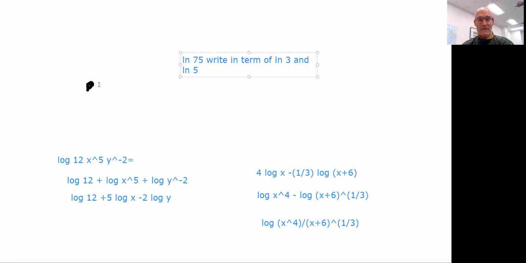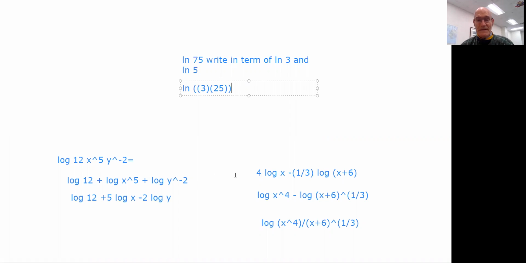So now if you go back to the rules, and I just erased them over here, but if you remember, I can take 75 and break it apart into the natural log of 3 times 25.